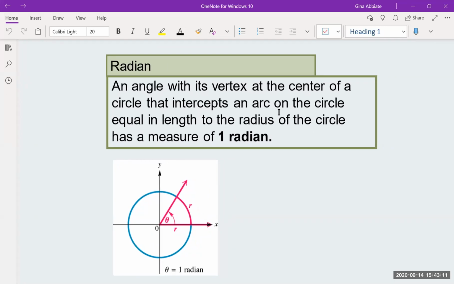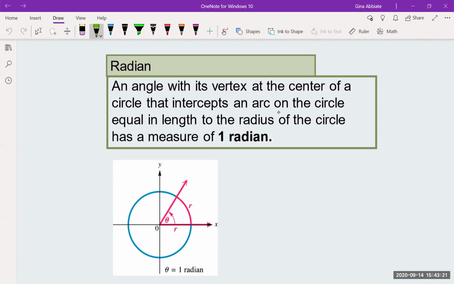A radian is a measurement that has to do with the length of this arc on the outside of the circle matching the radius of that particular circle.